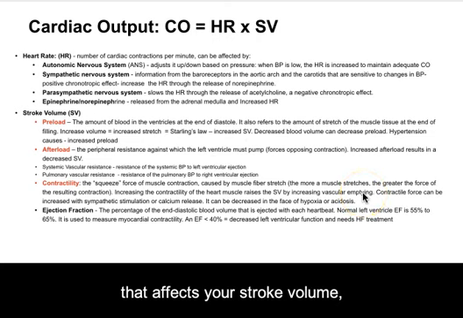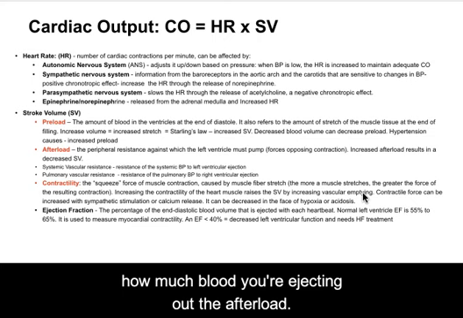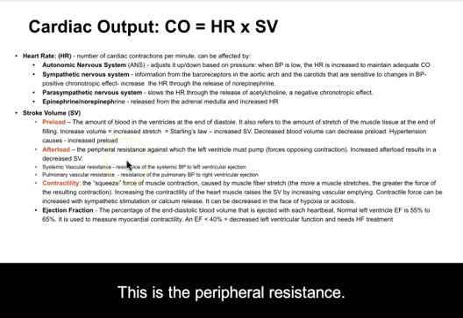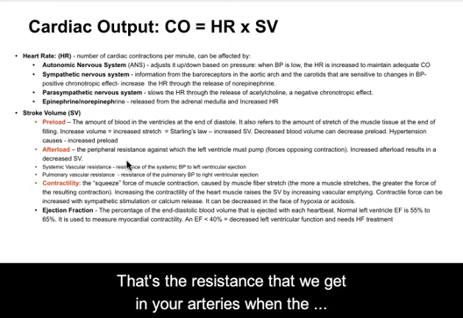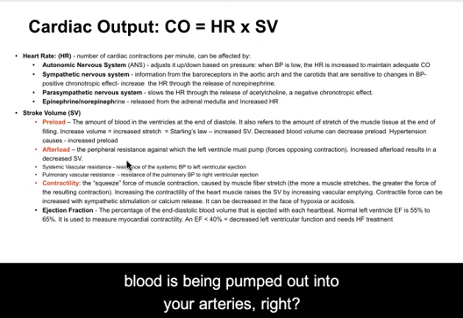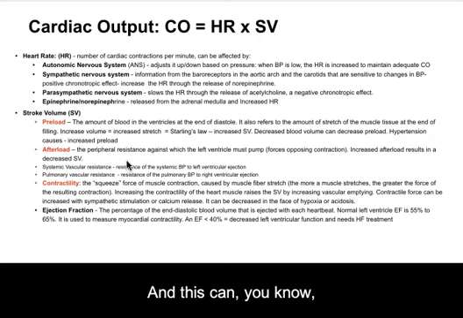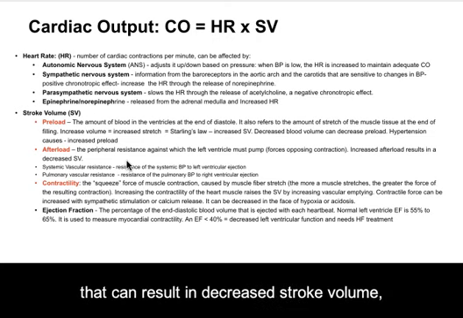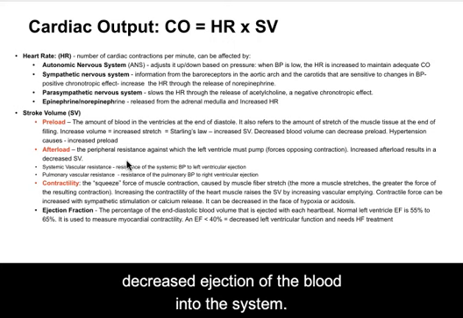That affects your stroke volume, how much blood you're ejecting out. The afterload is the peripheral resistance. What is peripheral resistance? That's the resistance that we get in your arteries when the blood is being pumped out into your arteries, right? If you have too much afterload, that can result in decreased stroke volume, decreased ejection of the blood into the system.